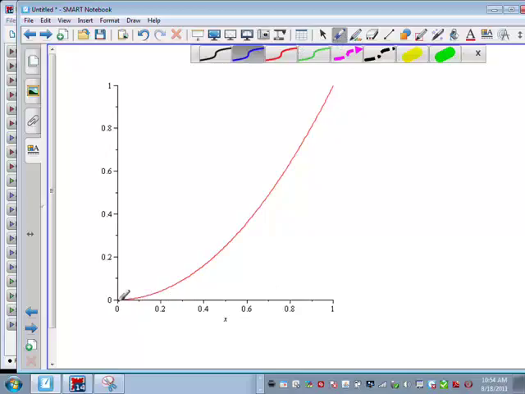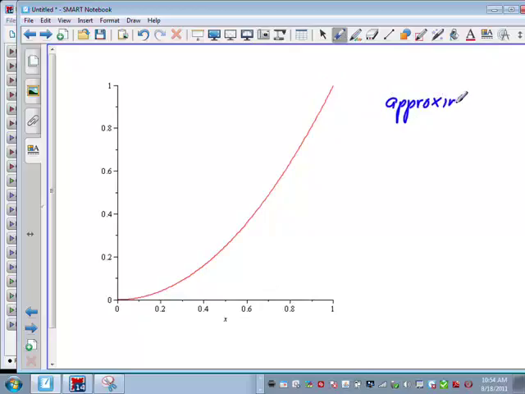So I'm going to take 0 to 1, and I want 5 rectangles. So I'm going to approximate the area using 5 rectangles.